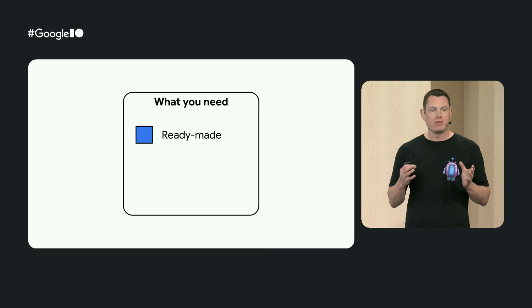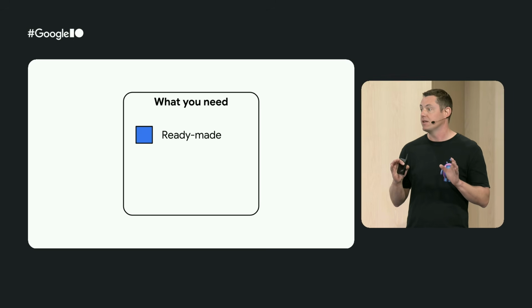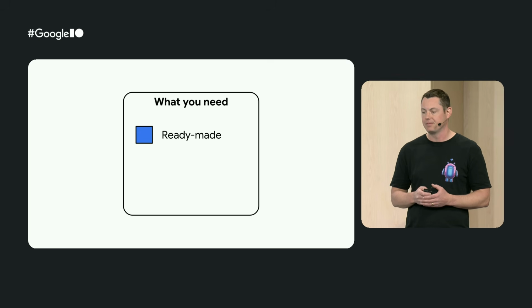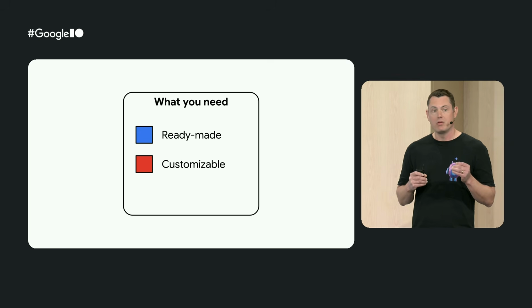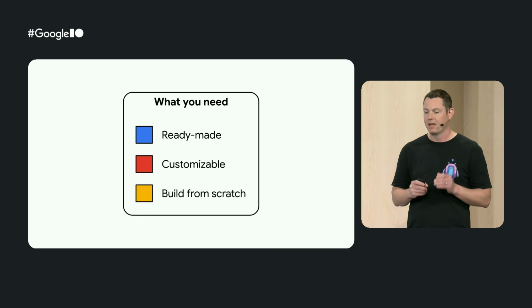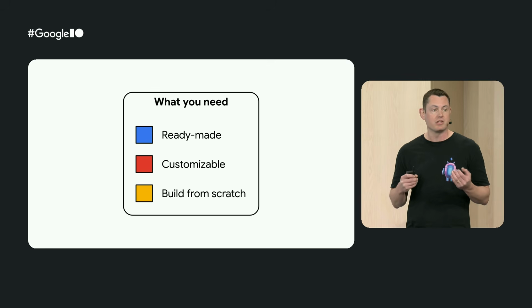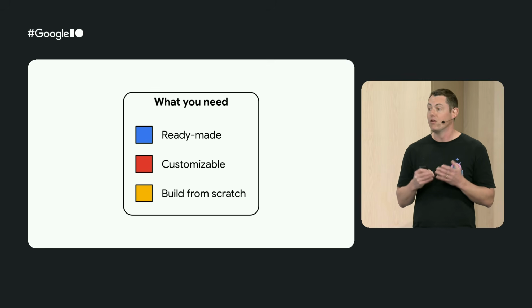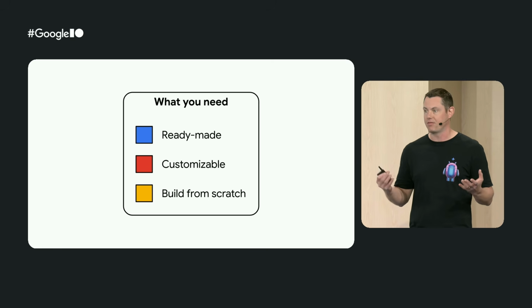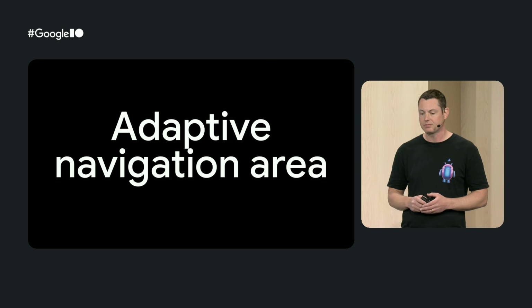So we know that some of you just want a ready-made, out-of-the-box solution that works with your existing code base. Some of you want a good starting point for customization and extension. And some of you just want to build something from scratch. And our intention is to provide APIs and guidance for all of these approaches. And we know we might not have complete coverage right now, but this is just to let you know kind of how we're thinking in future.